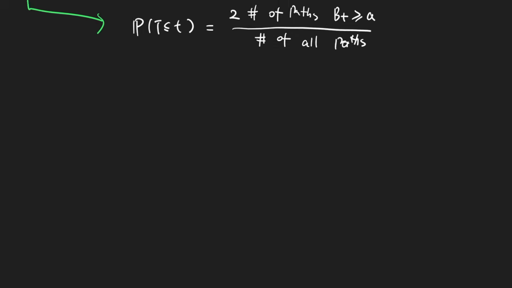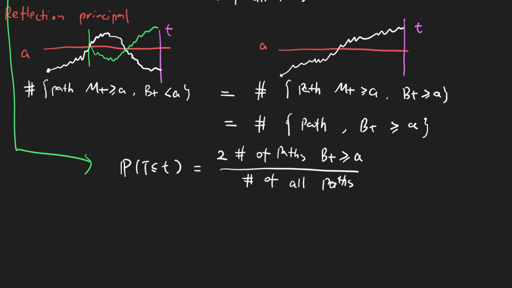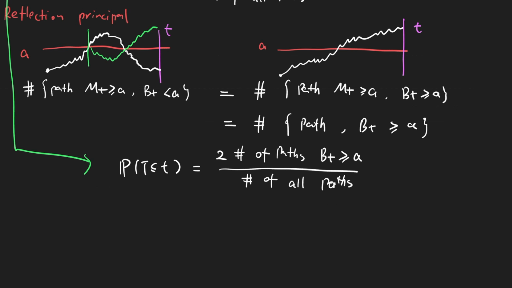Okay, so now this is a nice equation because it reduces to the marginal distribution. Now all we need is to consider the value at BT. So that will just equal 2 times the probability of BT greater or equal to A.